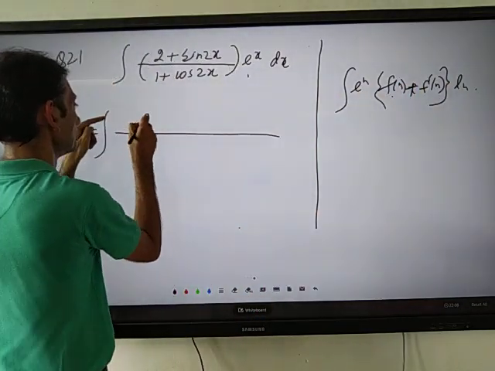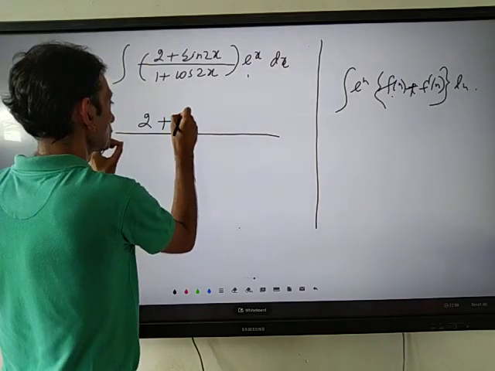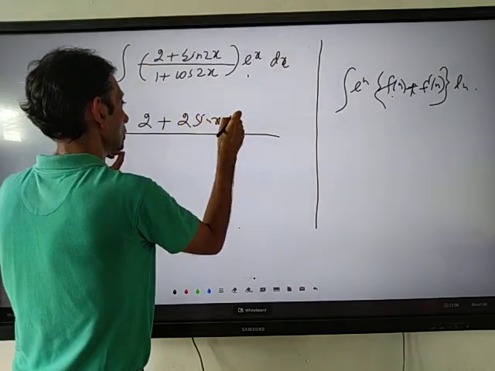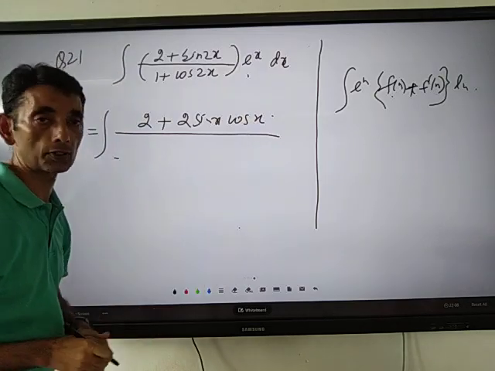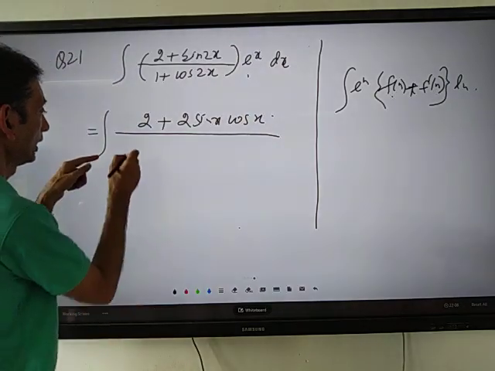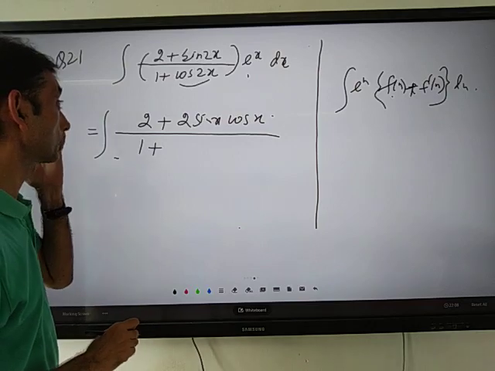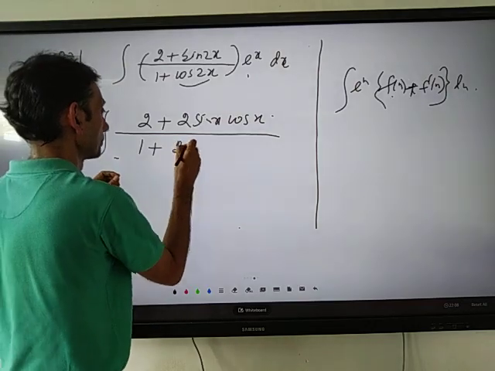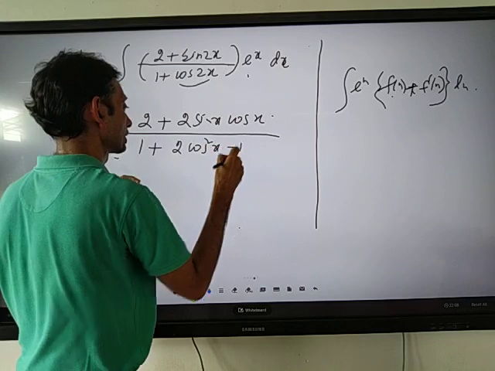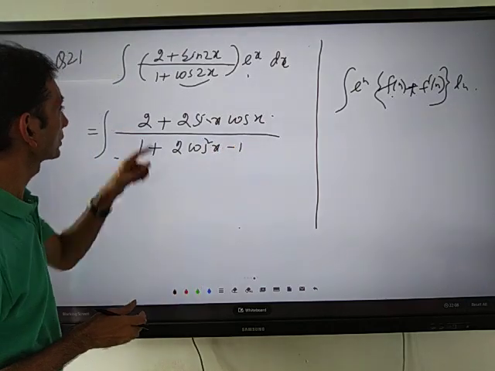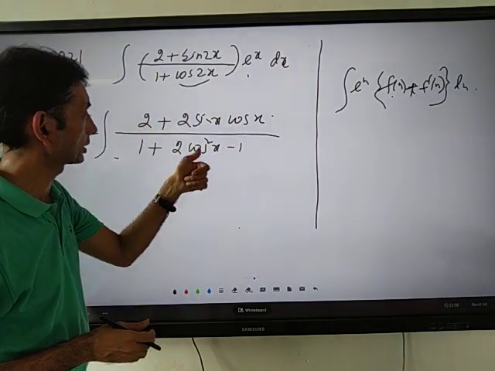So 2 plus sin 2x, that is 2 sin x cos x, right? 2 sin x cos x. Then 1 plus cos 2x. This cos 2x you can write in the form of 2 cos square x minus 1. Okay? This 1 plus cos 2x you can write as 2 cos square x.